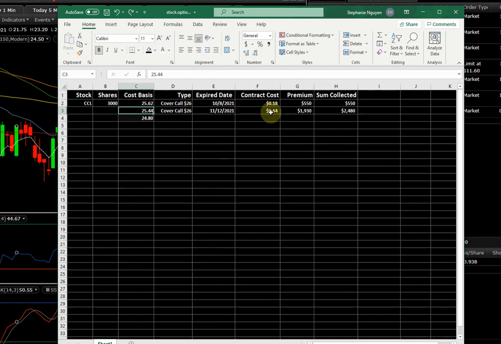Collected 64 cents per share. Since I have 3,000 shares, subtract $20 stupid fee, turned out to be 1930 premium. So total collected, almost 24.80. So I take this price, 64 cents, subtract this right here, gives me a cost basis right now at 24.80 after all the premium is collected.